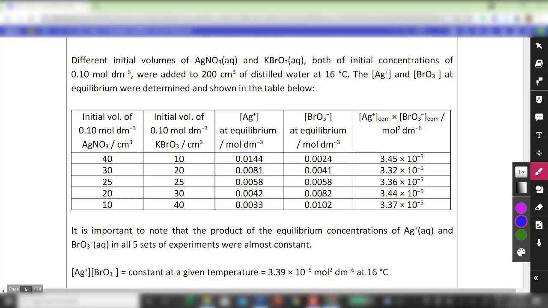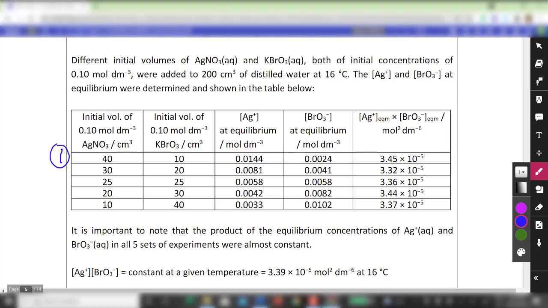So the scientists found that for the first experiment, the concentration of silver plus at equilibrium was 0.0144, and the concentration of bromate was 0.024.